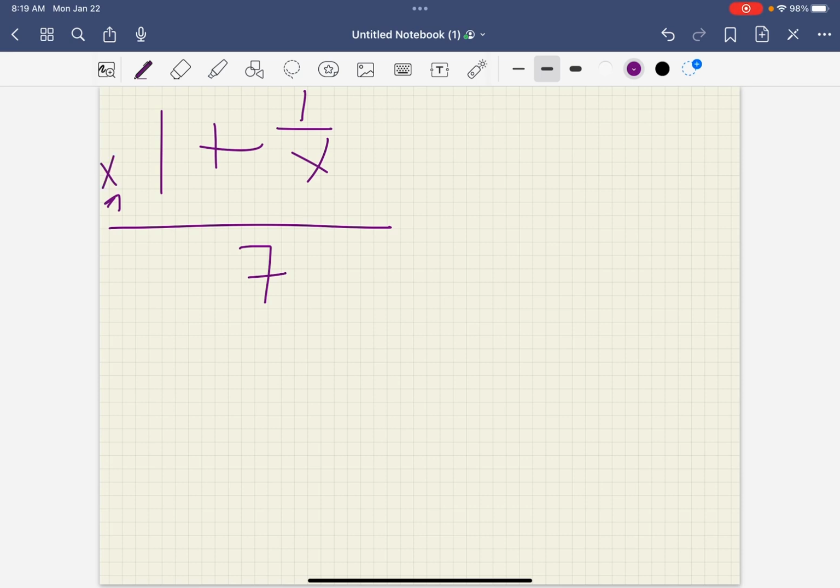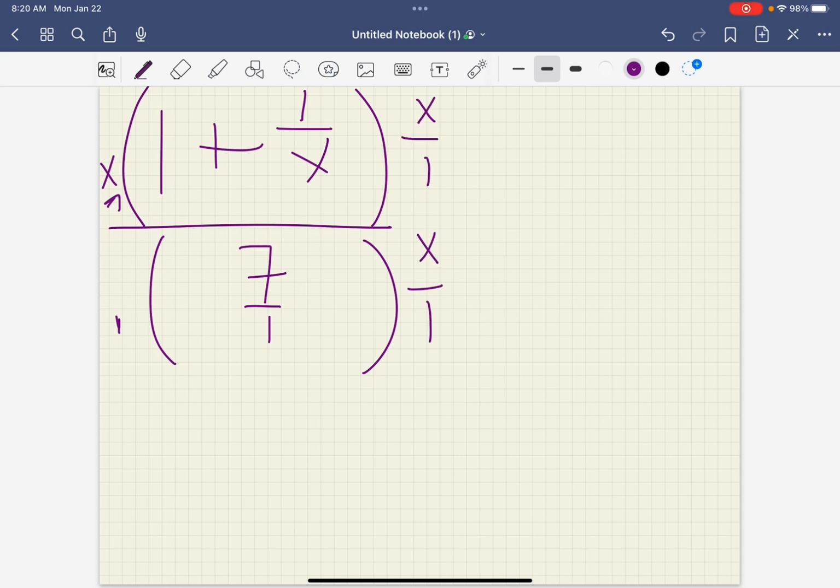It's x. Down here, this is actually 7 over 1. So the only denominator is 1. So what is the common denominator for x and for 1? It's x. So we're going to multiply both the numerator and the denominator by x over 1.